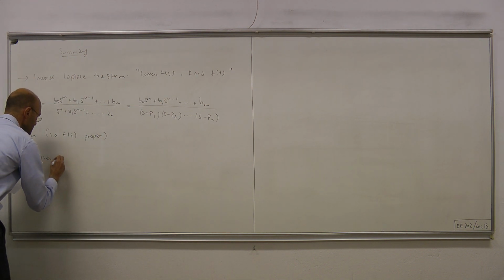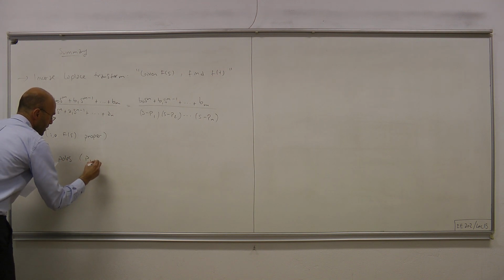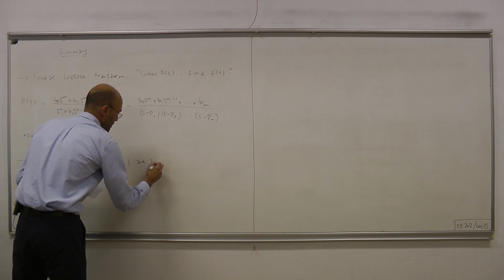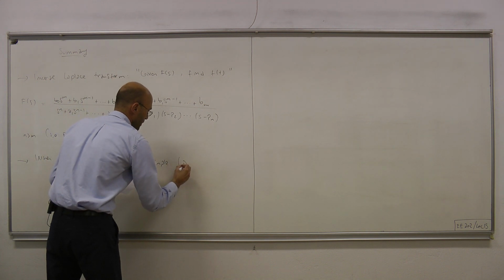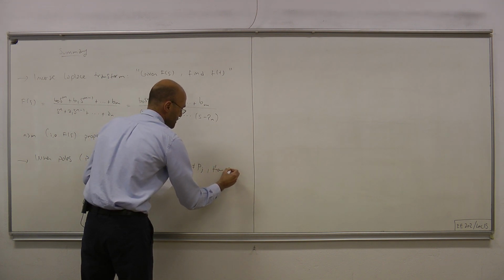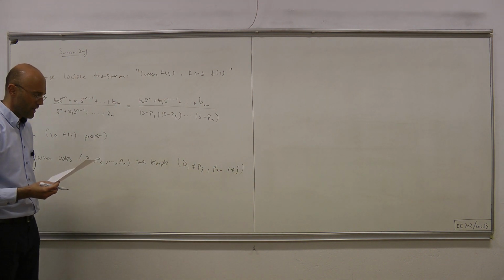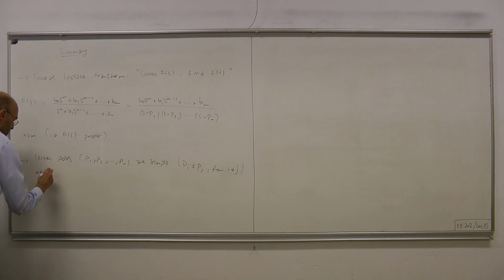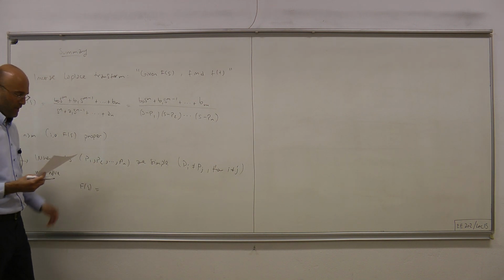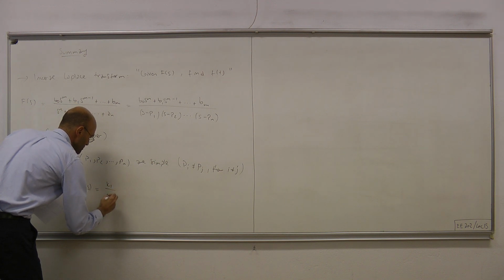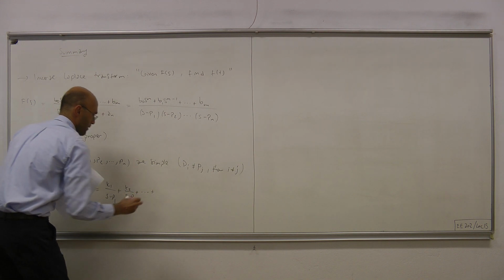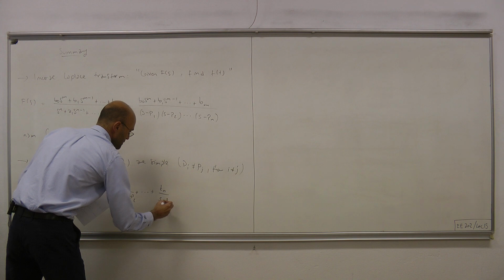So when poles p1, p2, up to pn are simple, by which we mean pi is different than pj whenever the indices are different, F(s) can be written as k1 over (s - p1) plus k2 over (s - p2) plus up to kn over (s - pn).